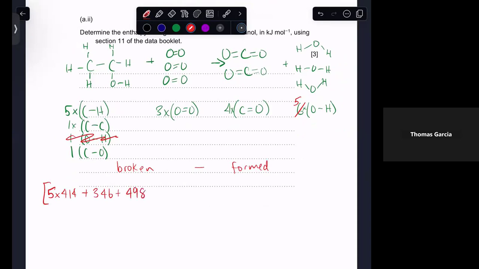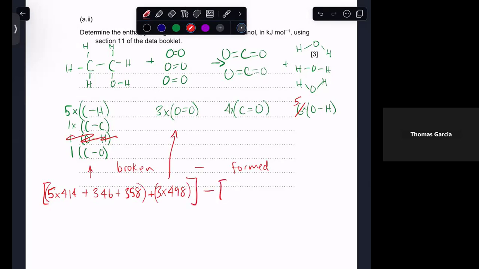Am I missing something here? Oh, yes, I am. Sorry, plus 358. These are just the ethanol, plus 3 times 498. That is my oxygen.